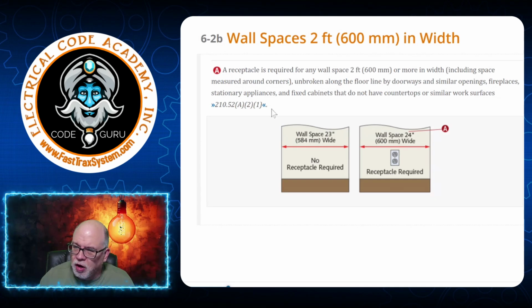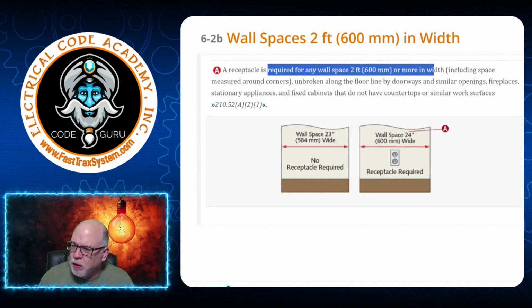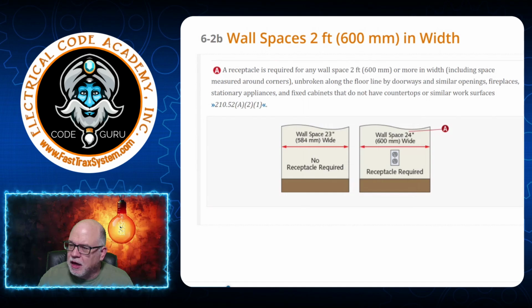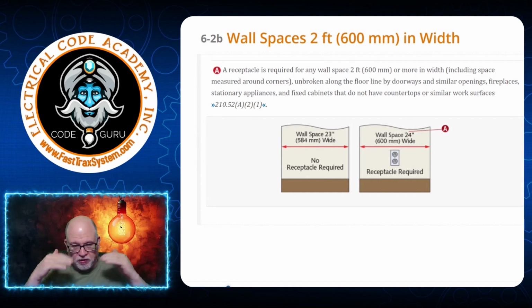And we're going to follow our rules. And our rules are we're going to make sure that we look at these chevrons. Okay? All right, so it says a receptacle is required for any wall space 2 feet or more in width, including space measured around corners, unbroken along the floor line by doorways or similar openings. Another opening would be like a fireplace opening, or stationary appliances, or fixed cabinets that do not have a countertop or a work surface on top of it.